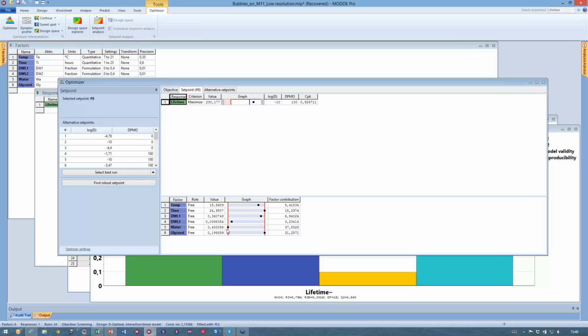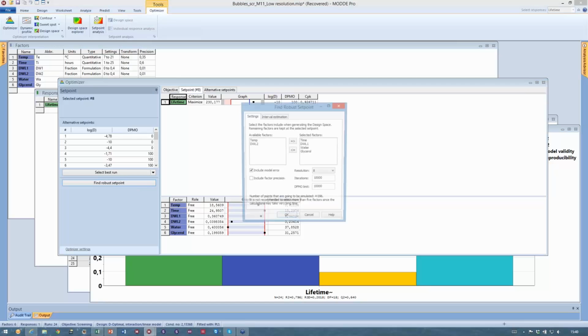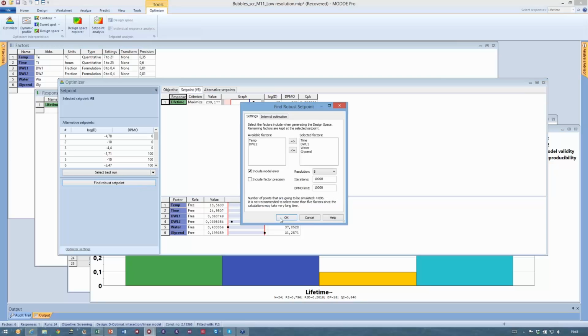So often the mathematically optimal set points have factor values that are relatively close to the maximum or the minimum settings for the different factors, or with regards to the mixture factors, to the upper or lower bound, giving very little room for flexibility if you have a problem of regulating or upholding a certain value of a certain factor. So for that matter, we often search for a robust set point.